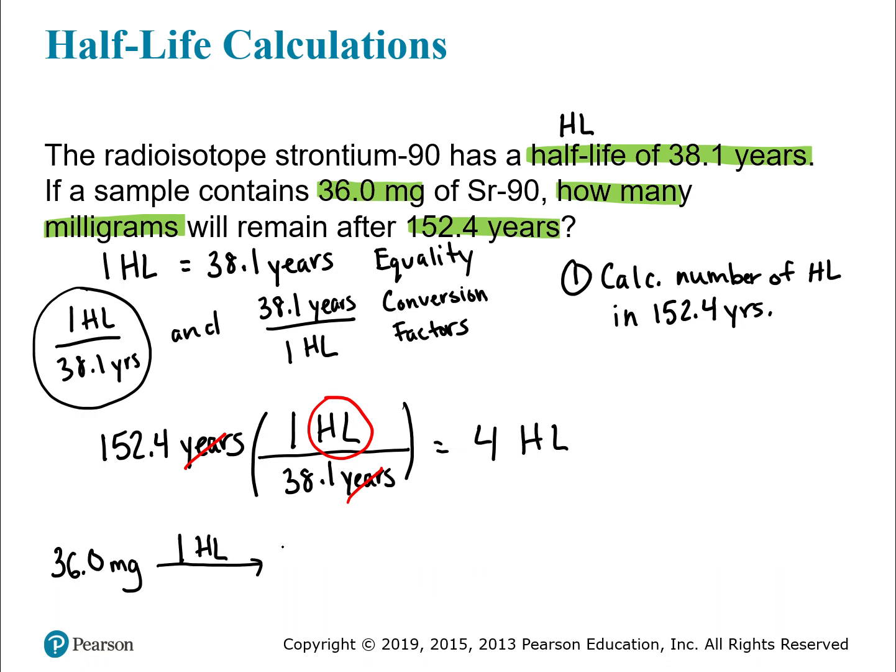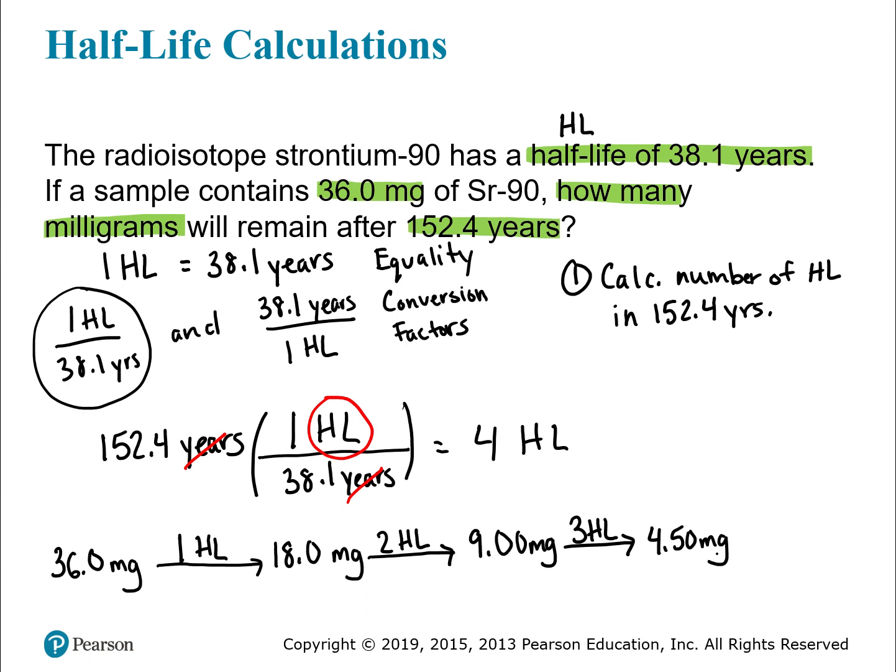then we divide by 2, and we get 18 milligrams. For the second half-life, we divide that 18 by 2. For the third half-life, we divide 9 by 2 to get 4.5.